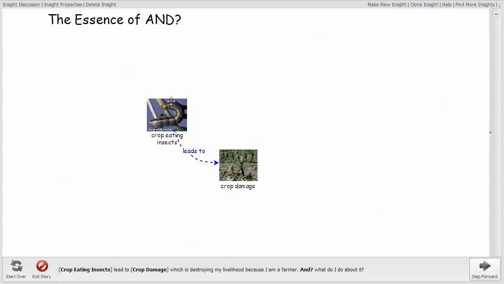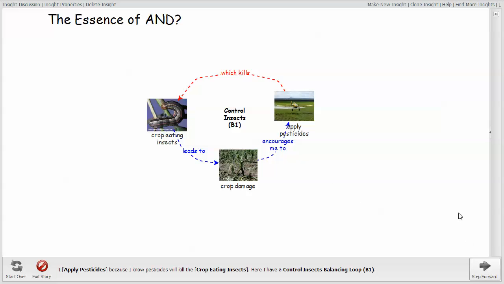So if I have crop-eating insects leading to crop damage, what does that influence? Well, from a historical perspective, because of historical learning, the crop damage encourages me to apply pesticides, because I know that applying pesticides kills the crop-eating insects.